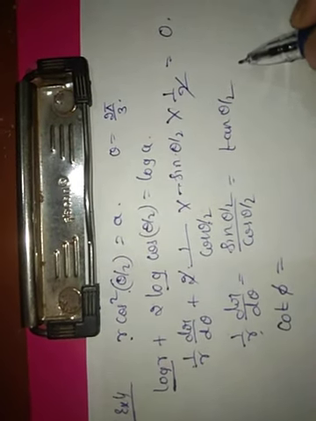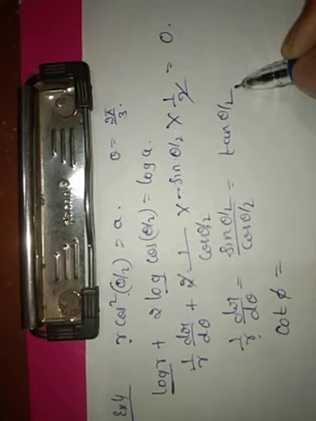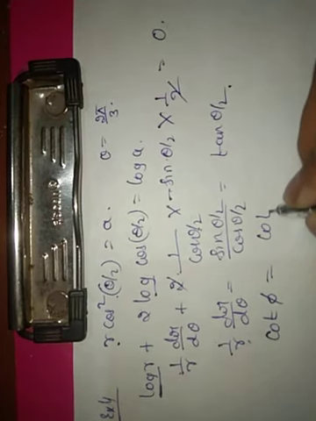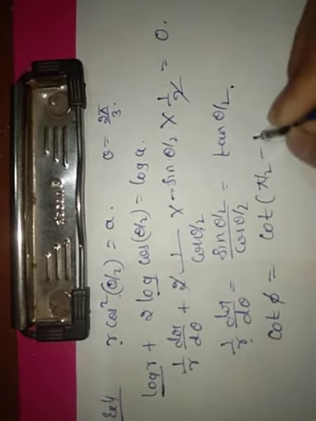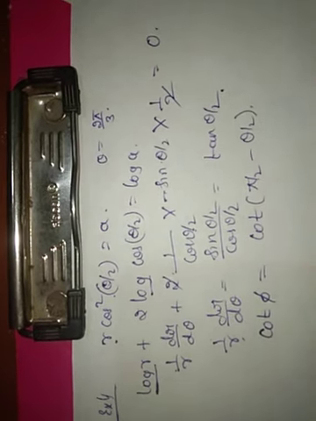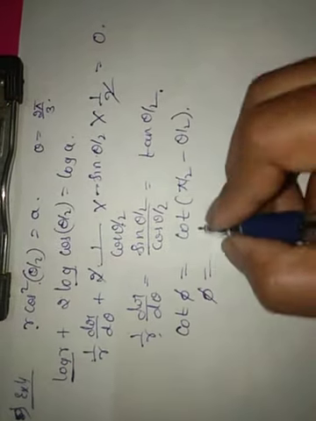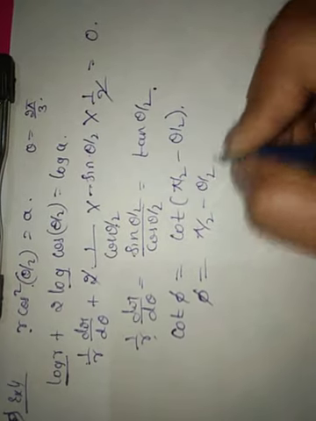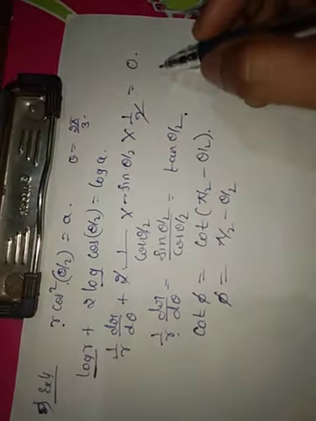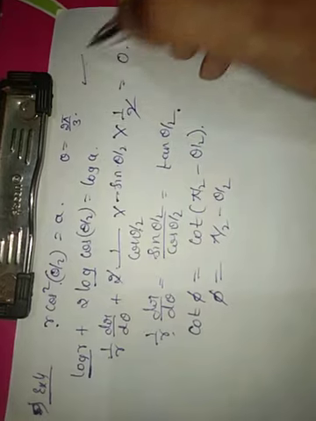Now tan theta by 2 can be written in terms of cot, like cot of 90 minus theta by 2. By comparison of LHS and RHS, we get phi equal to 90 minus theta by 2.